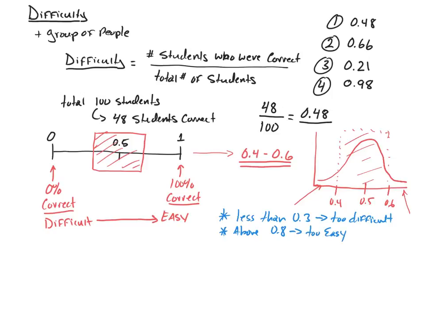So if we have questions in our exam that have difficulties that lie outside of this range, either higher or lower than this range, we want to be rather judicious about having those questions in our exam. We certainly would want to include some difficult and some easy questions, but we would want the majority of our questions to be in that 0.4 to 0.6 range.